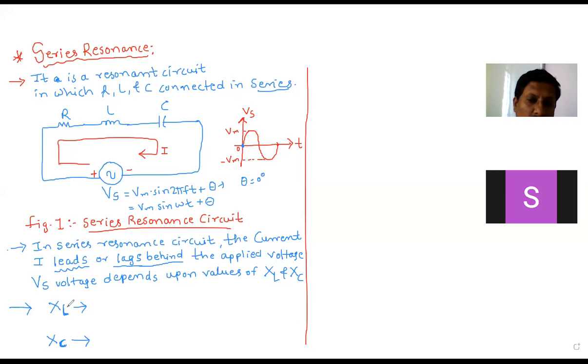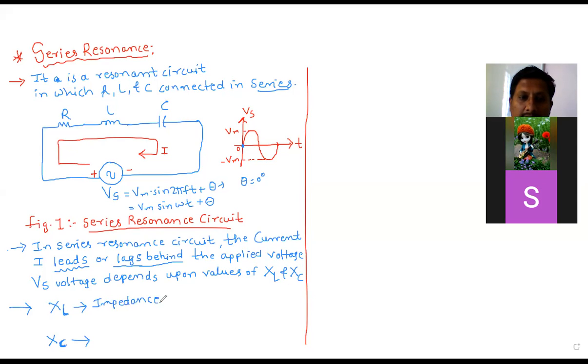Just like for a resistor it is R, for an inductor the reactance is denoted as XL. XL means the impedance (reactance) of the inductor.